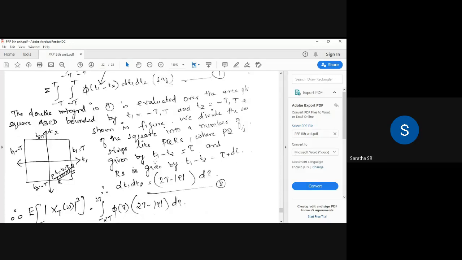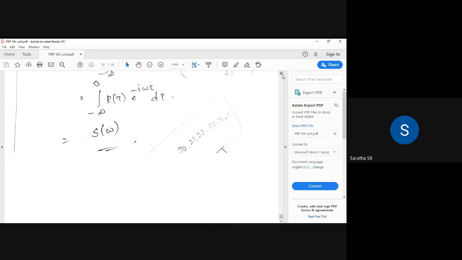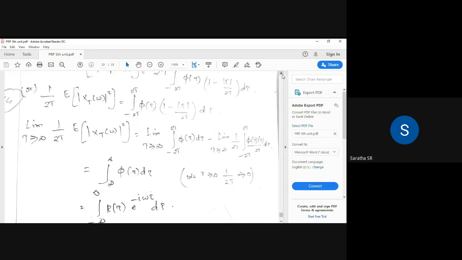We are converting t1 and t2 in terms of tau. If you add, we get 2T minus modulus tau. That is your derivative. If you calculate this value, we get this one. So now we will do the integration for this. Next we get this value.